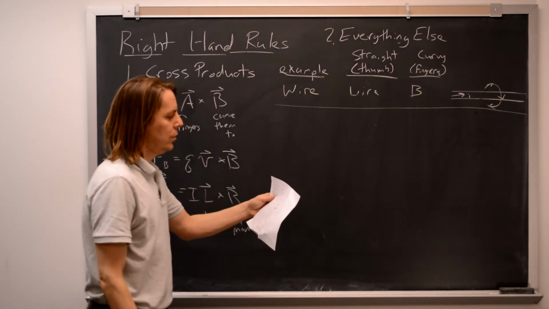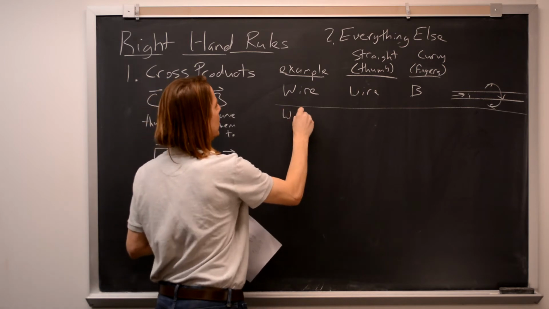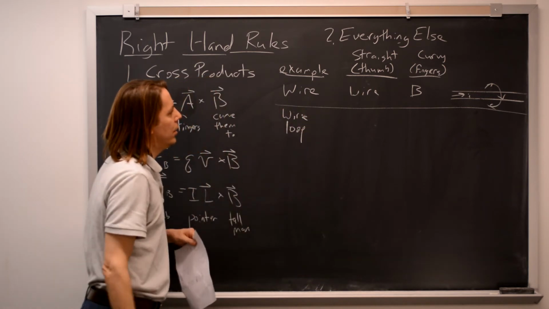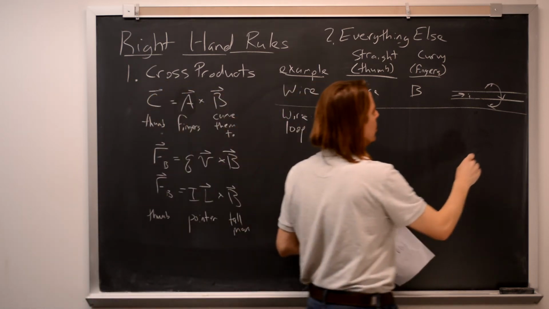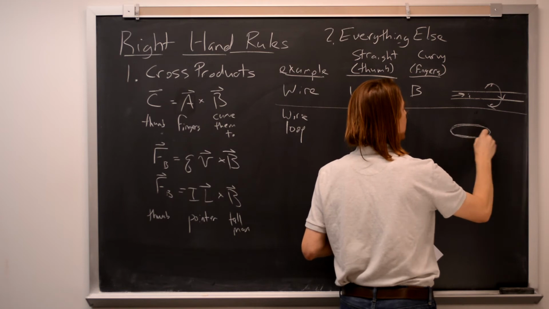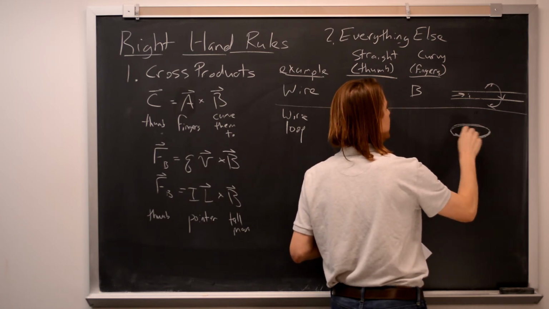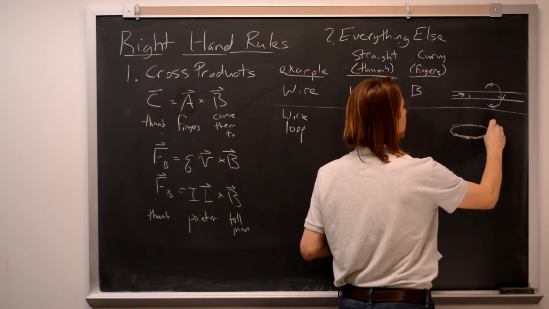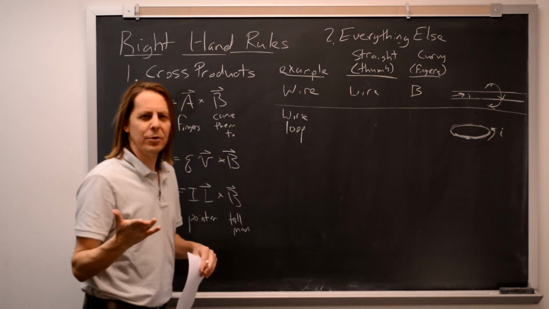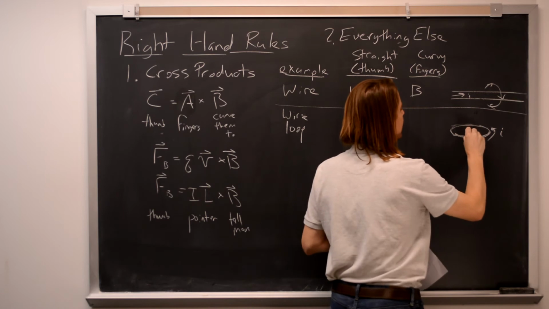Let's do a wire loop. Well, in a wire loop like this, right? The thick part is in the front of the drawing here, and we're going to have the current going around like that. And the B field you want from a wire loop is here in the center.